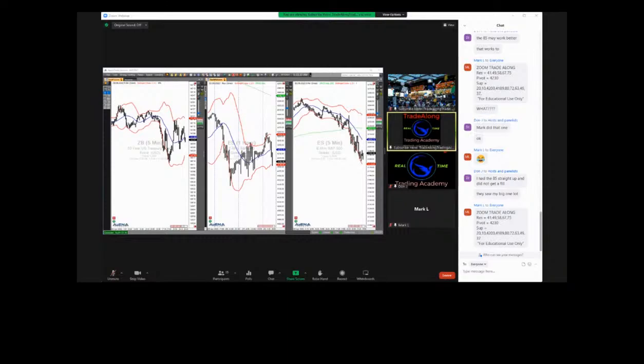So again, it's up to you if you want to make an adjustment, adjust your number of contracts. The market is very volatile. VIX is at a 31 handle.